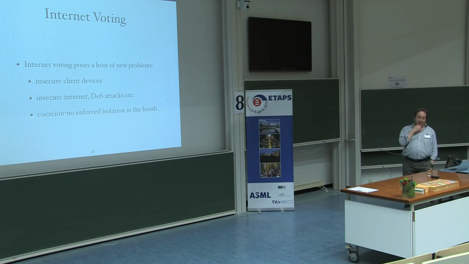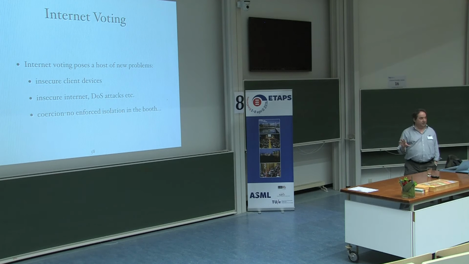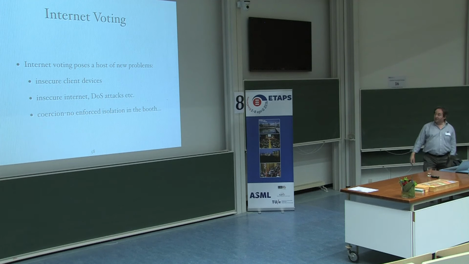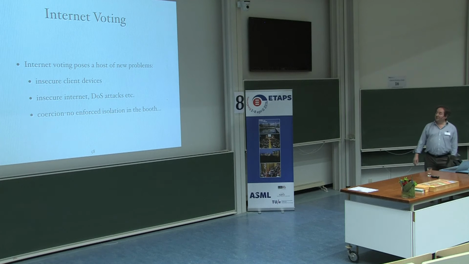So let me just quickly turn to some internet voting issues. So far, basically, I've been talking, at least implicitly, about in-person voting, right? So you vote in the privacy of a booth, in person at a polling station. Now, of course, there's quite a lot of demand to move to internet voting, and this introduces a whole host of new problems.